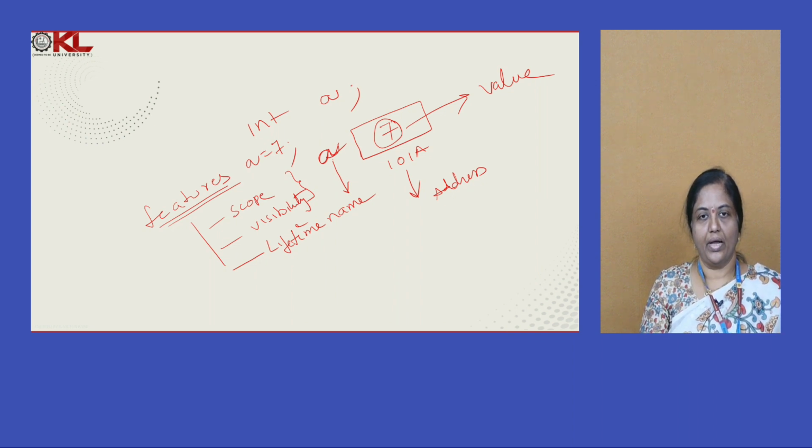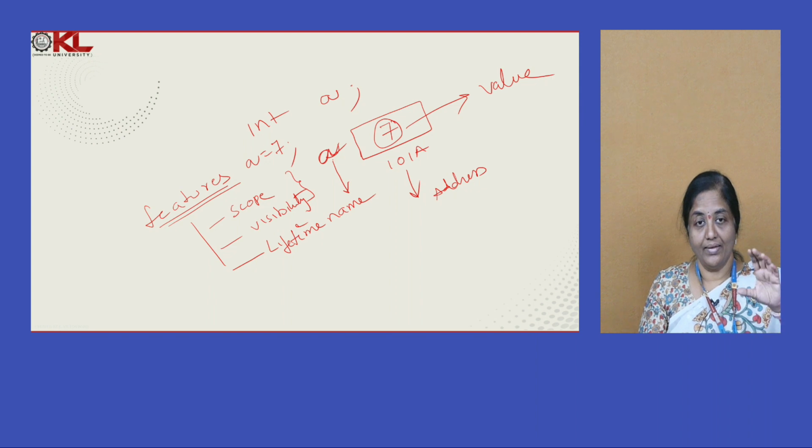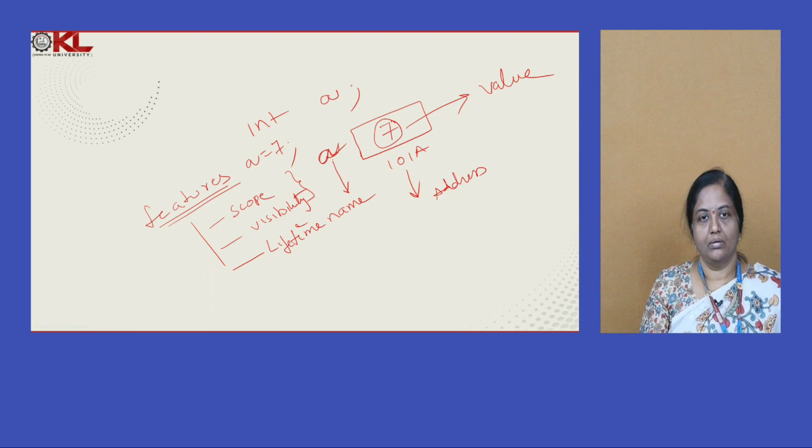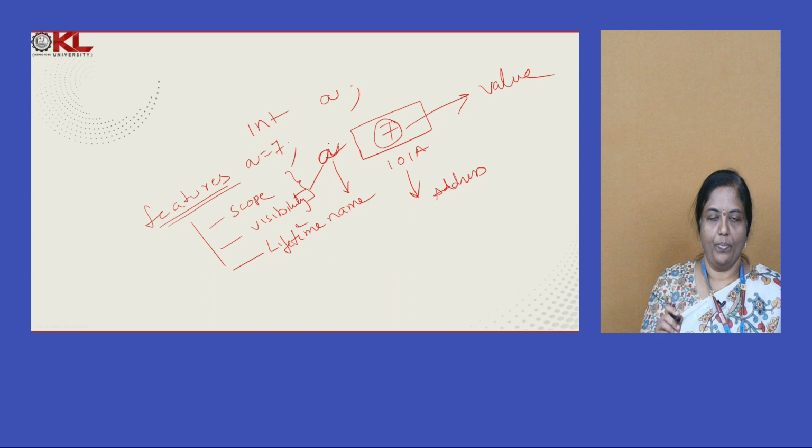So in a single program you can have more than one function, and where it is declared and whether it is accessible and visible to all the functions or within the function only where it is defined tells you about scope and visibility.